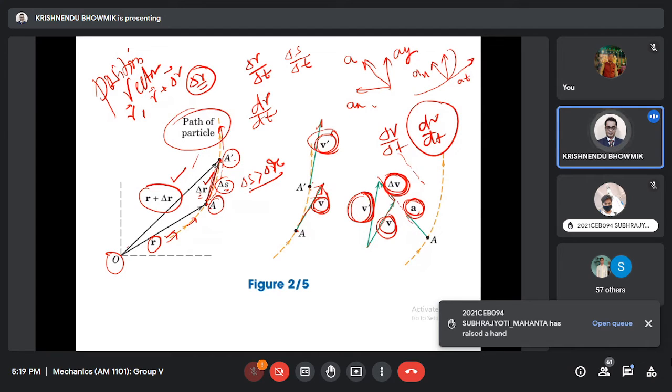That way in curvilinear motions, many times we get centrifugal accelerations in normal directions along with the tangential directions. But vectorially this will be the total acceleration. What is the total acceleration? That is acting along delta V. Should I repeat this once again?